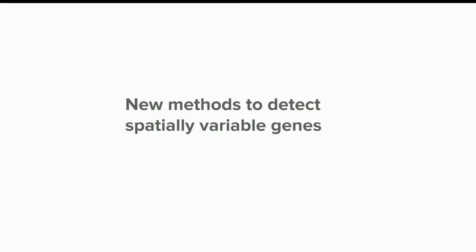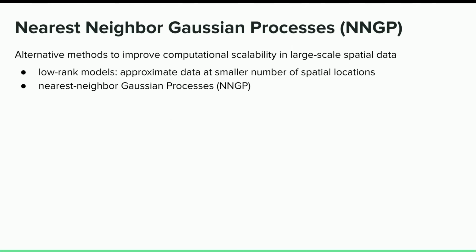And then there are some newer methods that were developed to detect spatially variable genes, and I'll talk about just one of them. Gaussian processes have been around in geospatial statistics for quite some time. They are very slow, though, to fit in a per gene manner.